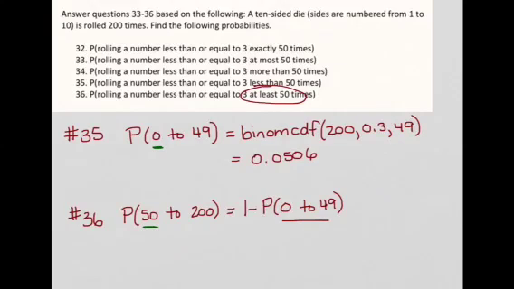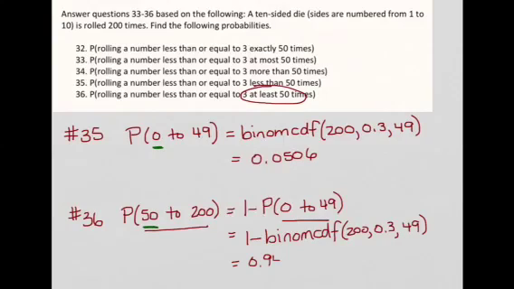Remember that this interval can't overlap with this interval, but we don't want to leave out any values either. So now we have 1 minus Binomcdf. And I'm writing it out, but I don't really have to because we just did this in the last problem. 0.3, 49, and this will give me 0.9494. So that's how you do that group of problems.